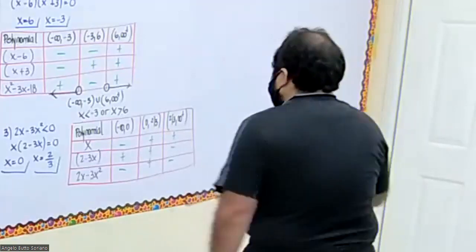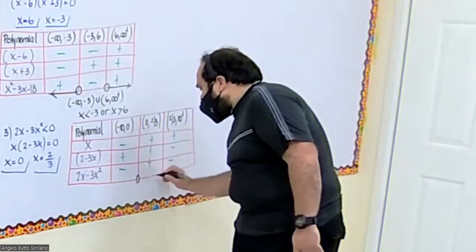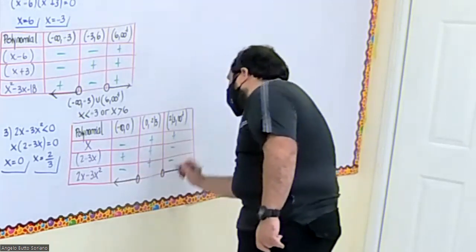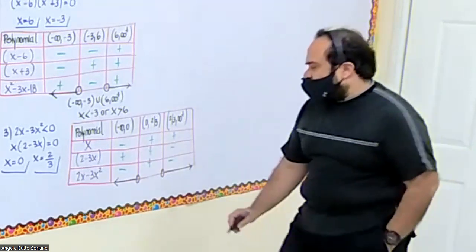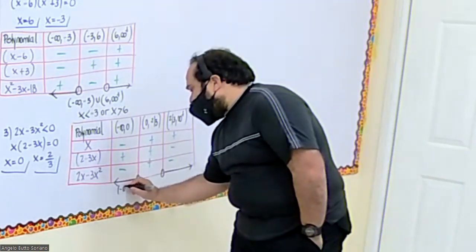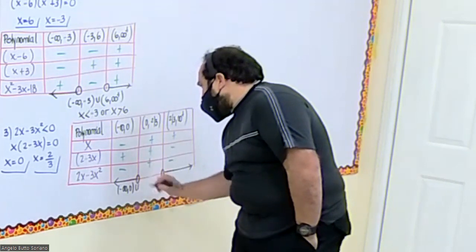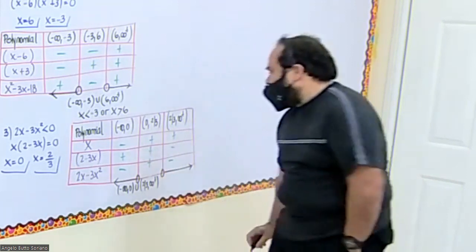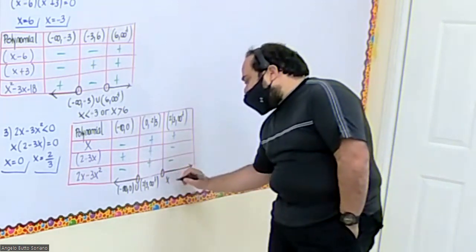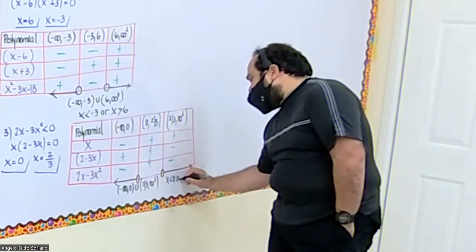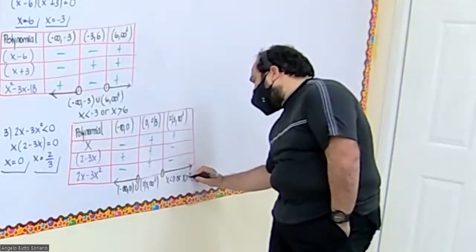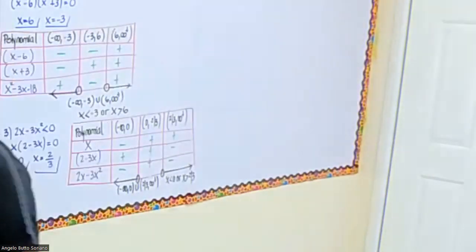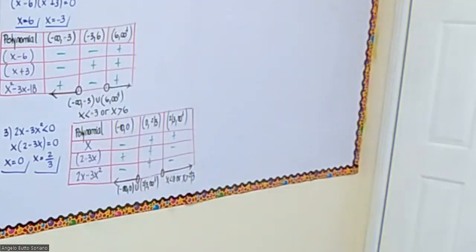So draw the circle over here, and the arrow over here. And the solution will be negative infinite, comma 0, union 2/3, comma infinite positive. Or if you wish, x less than 0 or x greater than 2/3. And this is going to be the solution set for this part.